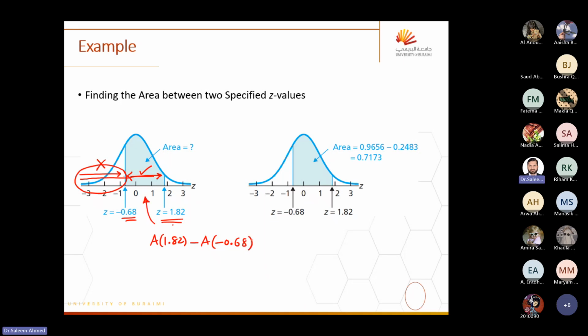Okay. So area at 1.82 is 0.9656. Area at minus 0.68 is 0.2483.